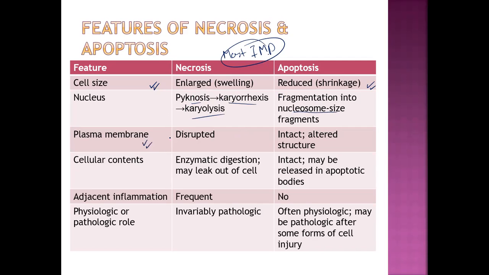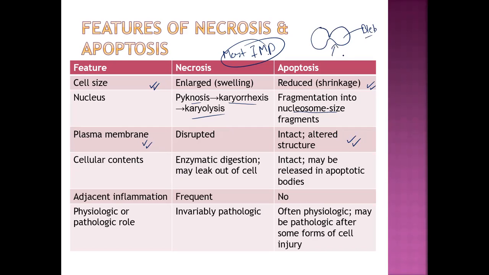The plasma membrane in necrosis is disrupted, and there will be inflammation due to the disruption of the plasma membrane and leakage of cytoplasmic proteins into the surrounding tissues. In apoptosis, there will be an intact or altered structure, so the cell structures only alter. Suppose this is bleb formation: the bleb is only formed, but it is not completely released.